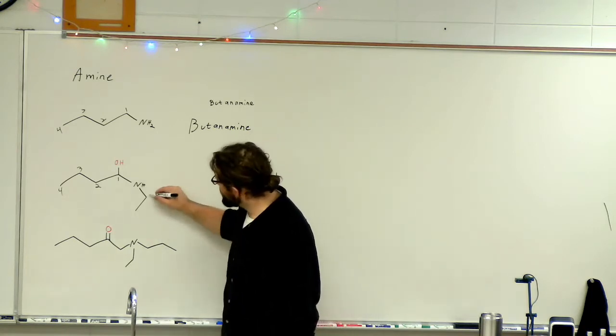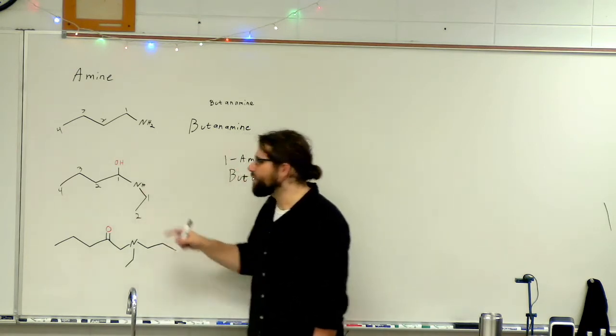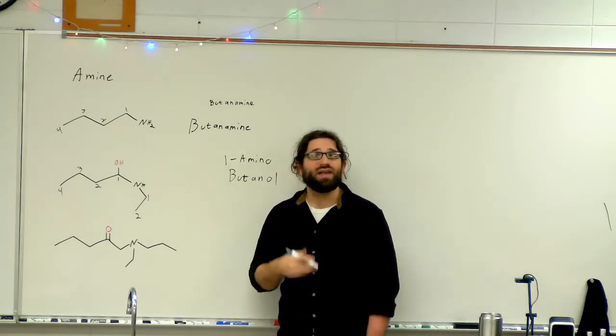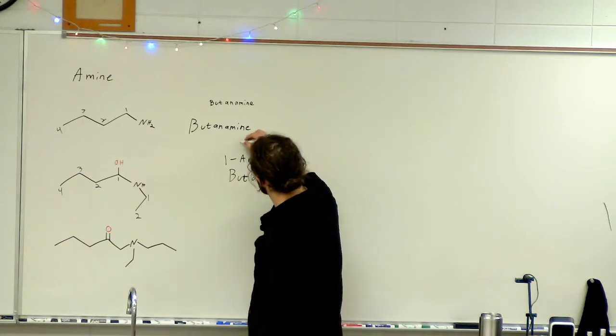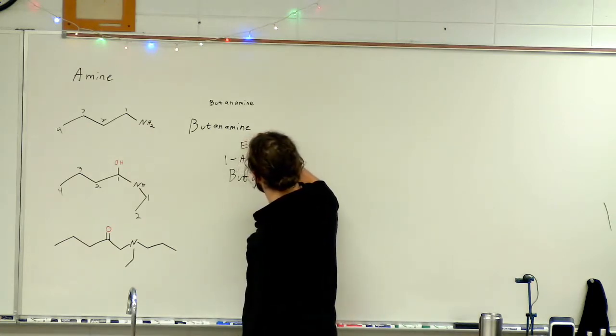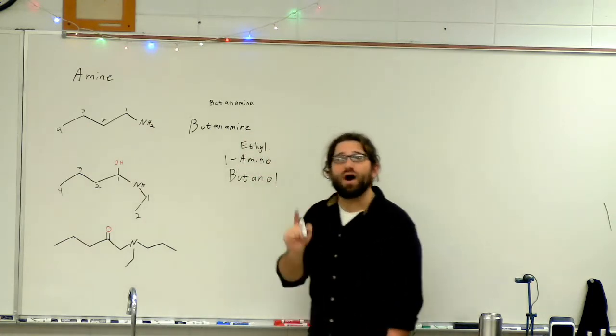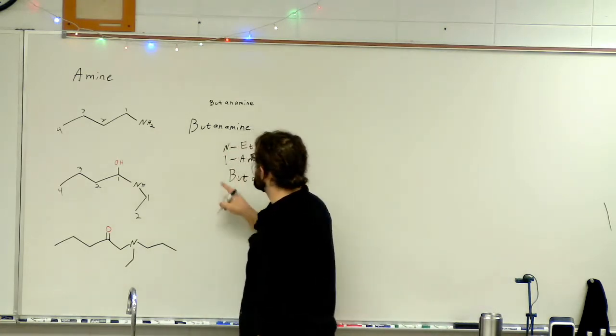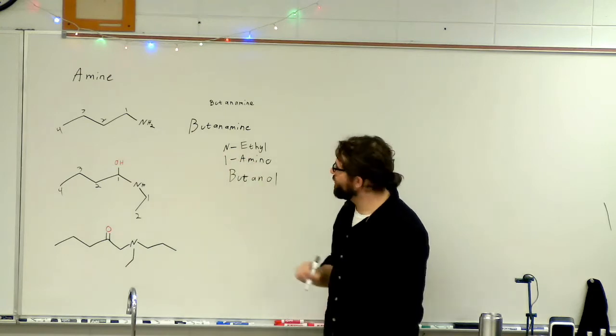And then I've got this 1, 2 carbon chain coming off of the amine group. Well, that 2 carbon chain, that'll be an ethyl. And to identify that it's coming off of the amino, I just do a dash N. So that tells me it's at the amino group.